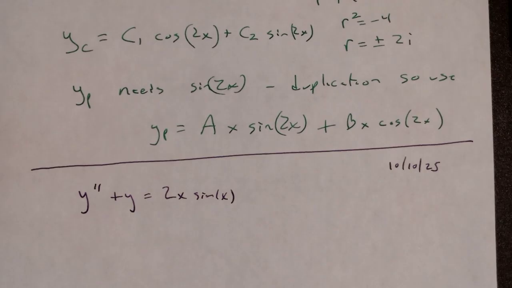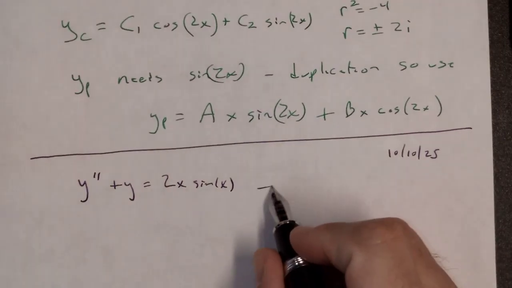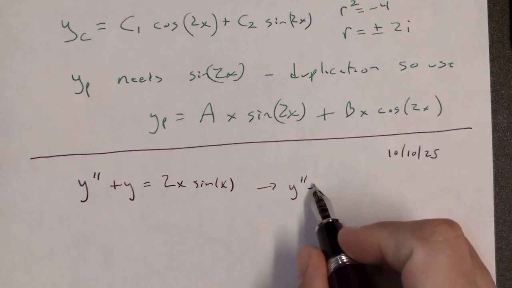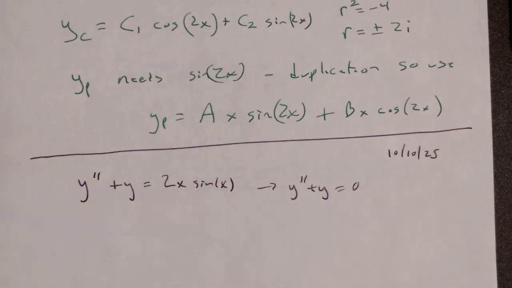What's the thing I have to do first? So I have to solve the homogeneous one. In this case, that's the expression y double prime plus y equals 0.